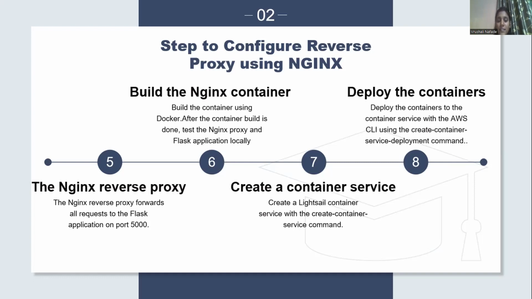And in the seventh step, we will create a container service using the command create container service. And at the eighth step, for deployment of our application using AWS CLI, we will use the command create container service deployment. And at the end, after deployment, the final stage is cleanup. We will clear all the containers which we created.